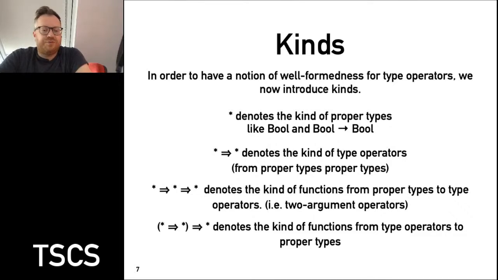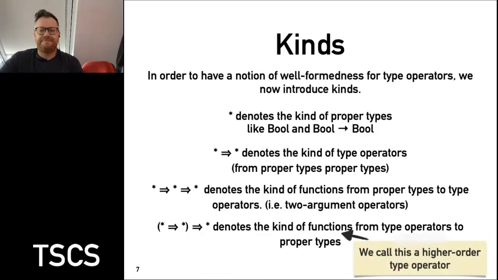Then you have the parenthesized version: parenthesis star, arrow, star, parenthesis closed, arrow, star denotes the kind of functions from type operators to proper types. That's a function that takes a type operator and gives you a proper type. We will see multiple examples of these in the future. This last kind is what we call a higher-order type operator, because it takes a type operator and gives you a proper type.